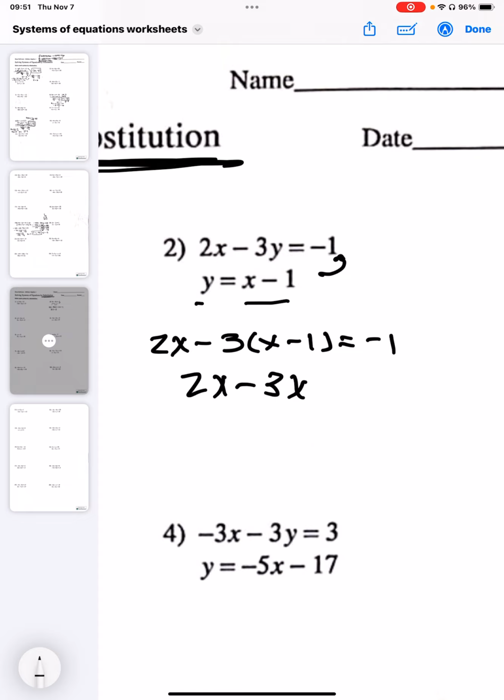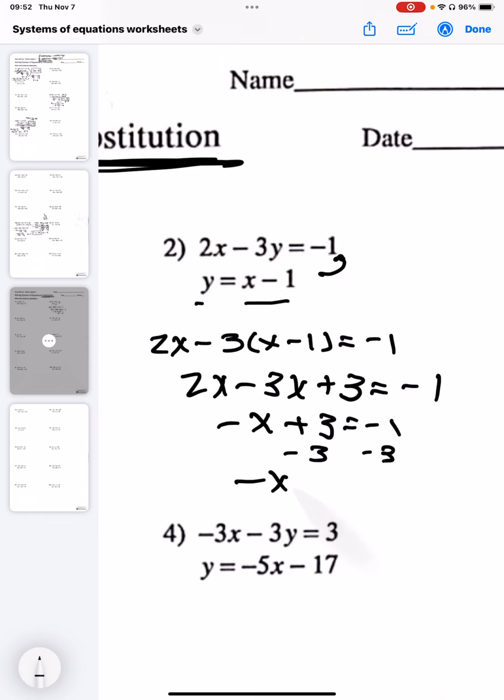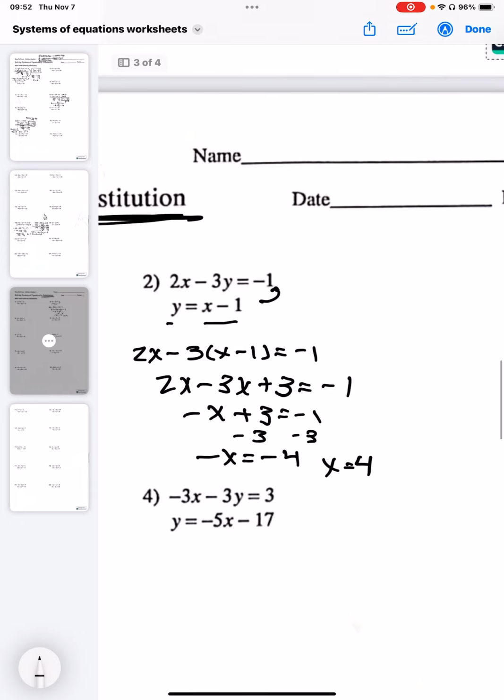When we distribute, we get negative 3 times x, which is negative 3x. Negative 3 times negative 1, we get positive 3. We get negative x plus 3 is equal to negative 1. And then we subtract 3. We get negative x is equal to negative 4. So we can say x is equal to 4.